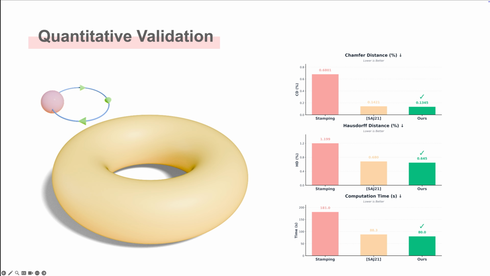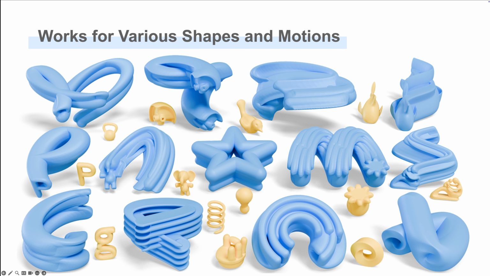Here's a gallery showing the diversity of shapes and motions our method can handle. Complex topologies, intricate trajectories, translation, rotation, screw motions, and various combinations. From simple shapes following complex paths to complex shapes with varied motions, our method handles them all robustly.